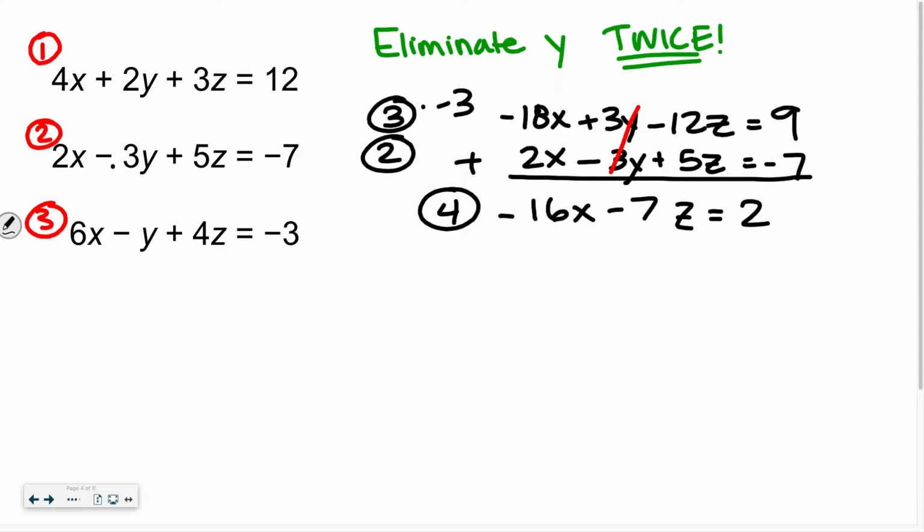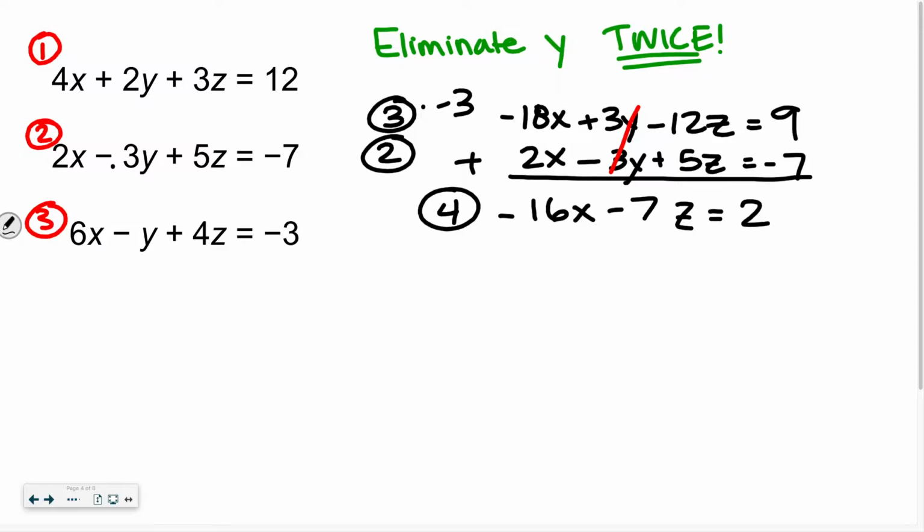Now remember yesterday when we were trying to save Trent from that evil king, we had 2 unknowns, nickels and dimes, or sorry, nickels and quarters. And if you have 2 unknowns, you can't solve an equation. You have to have 2 equations. So that's why we've eliminated y once. Now we're going to eliminate y twice.